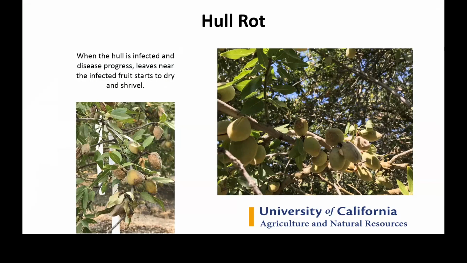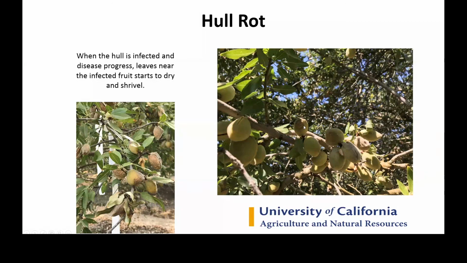So what is hull rot? From its name, hull rot starts with the infection of the hull. If you see my cursor here, you can tell that this nut, compared to the other healthy ones, starts to rot from the inside, and you can see it on this one.